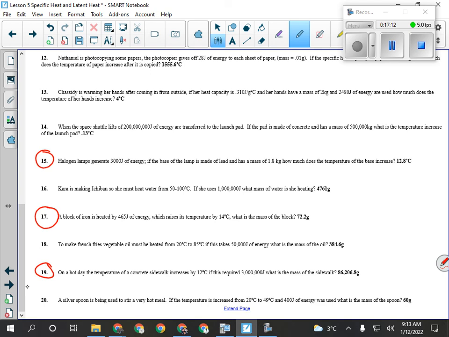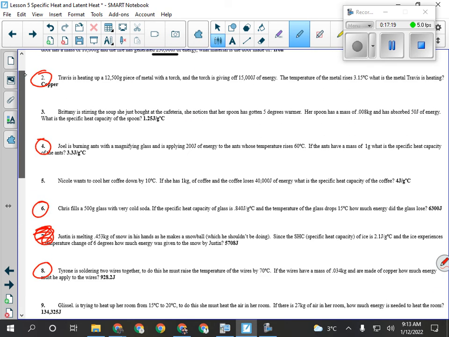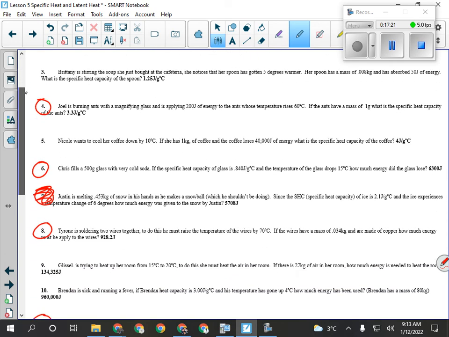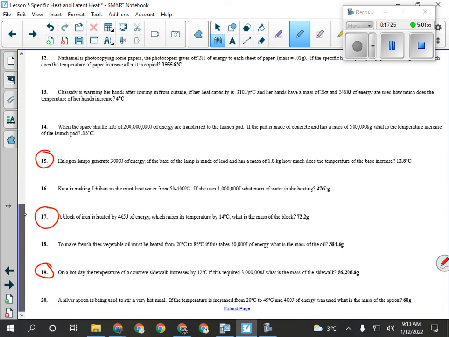That gets us calculating some masses, some temperatures. So those are the ones I want you to do: 2, 4, 6, 8, 11, 15, 17, 19. I'll give you a little bit of time on those. If we need to, we can walk through them together, and then we're going to talk about the latent heat stuff after that.